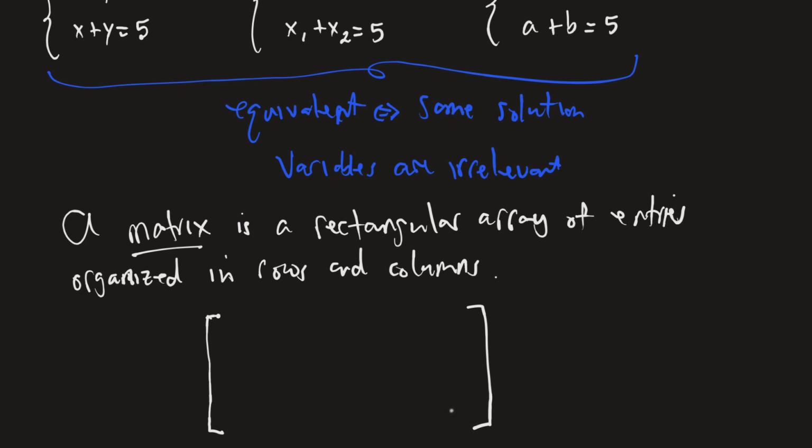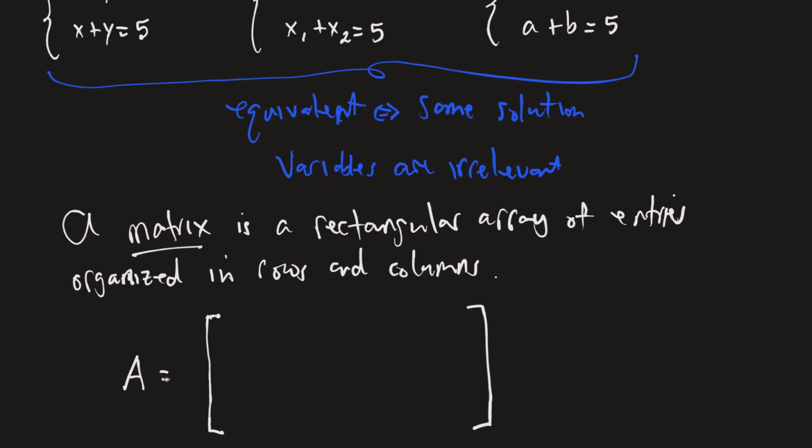So here's our rectangle. Now I'm not going to draw an actual rectangle. I'm just going to use these big brackets to indicate the outline of the rectangle. Now, since the matrix is a thing, that thing needs a name. Typically, we name matrices by using uppercase letters.